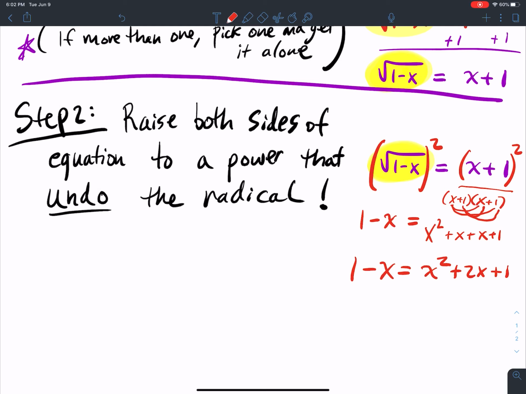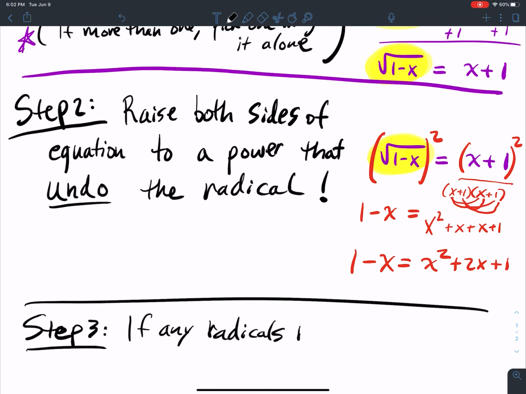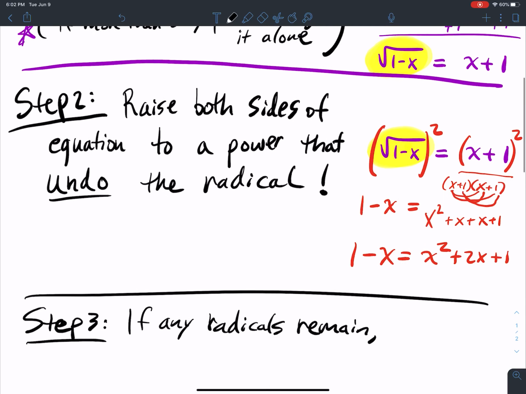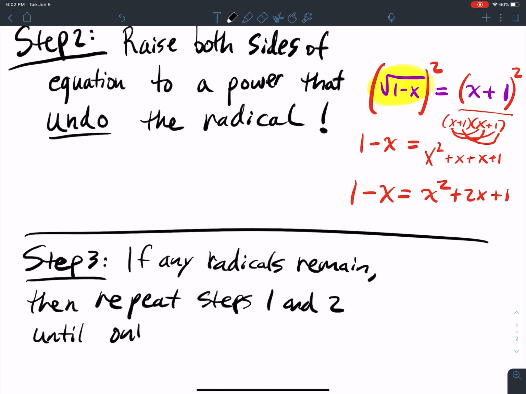Now, step 3. If any radicals remain, then repeat steps 1 and 2 until you only have a polynomial equation.